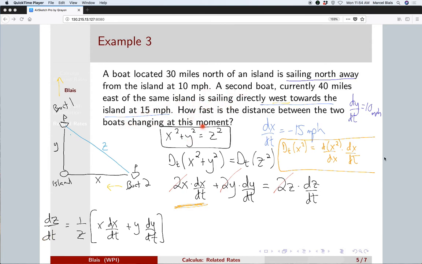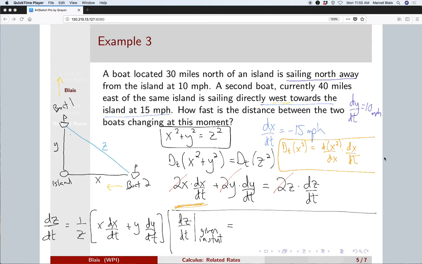We now come to this instant. So the instant in question, so dz/dt at the given instant, we start plugging things in. So x, the second boat, was 40 miles away from the island.